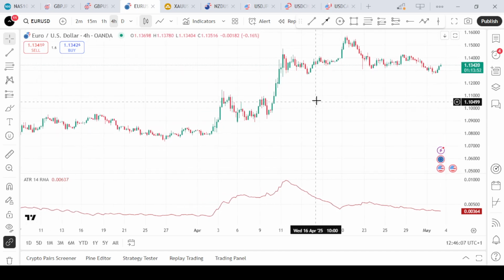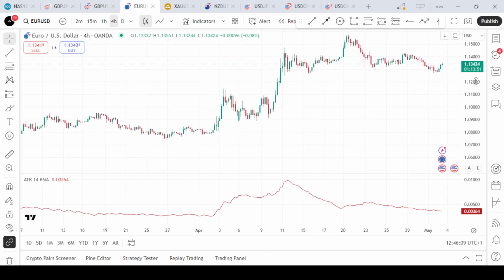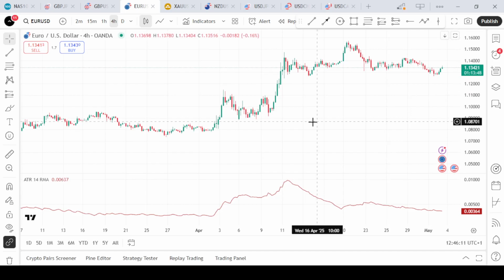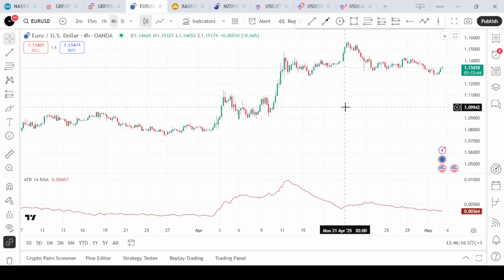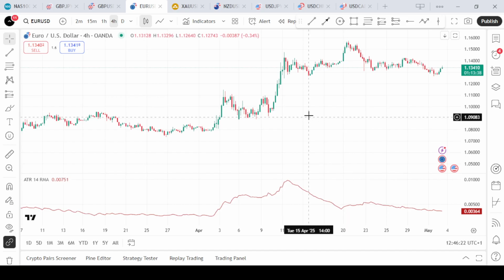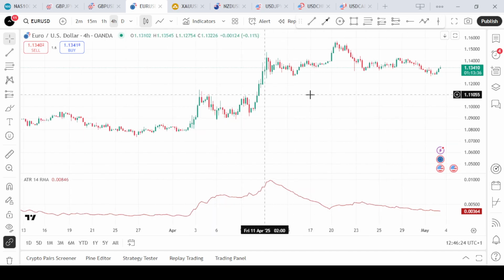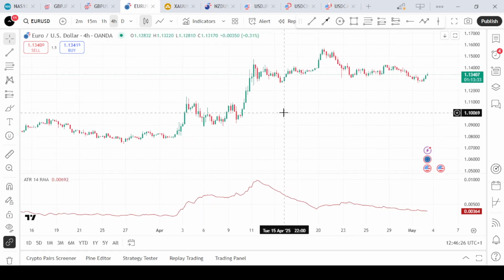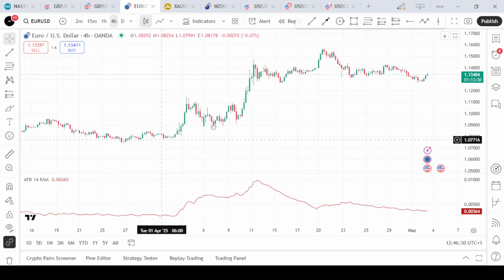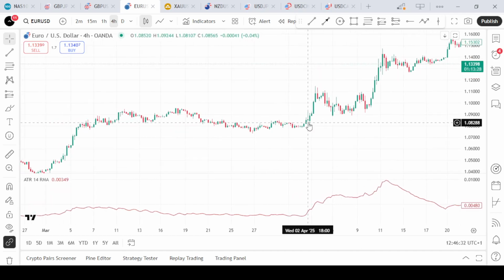So let's get started. We start by understanding what the ATR means. ATR means the average true range, and this is a technical indicator that was designed to measure market volatility. It was developed by J. Wells. It calculates the average price movement of an asset over a specified time period.